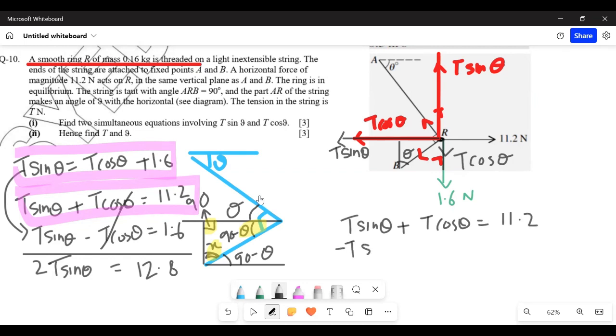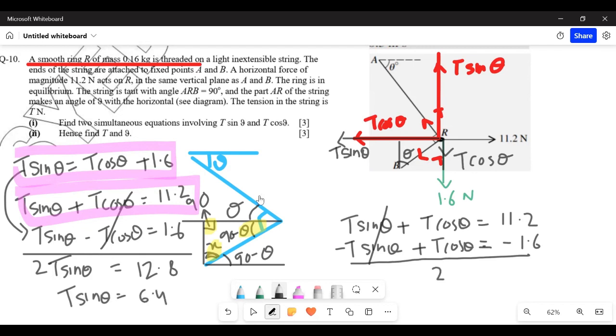So negative T sine theta plus T cos theta equals negative 1.6. So now the sine component gets eliminated. This comes out to be 2T cos theta equals 11.2 minus 1.6, which is 9.6, divided by 2, that's 4.8. So T cos theta equals 4.8.